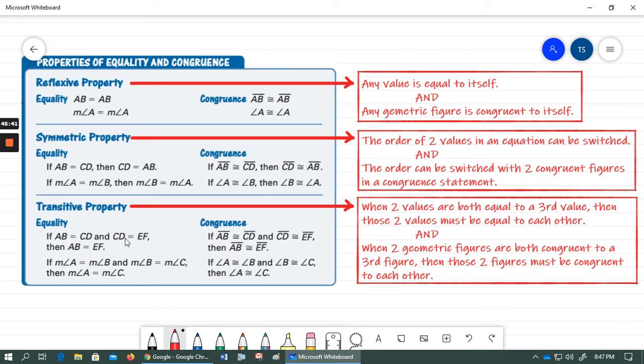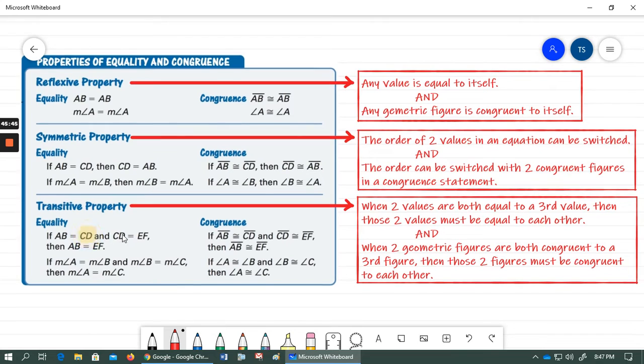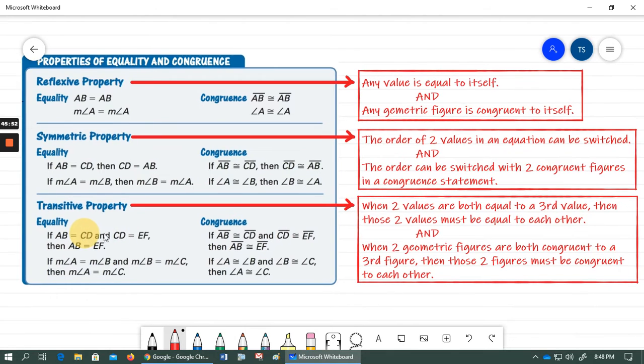So that third value over here would be the length of segment CD. Since both of those values are equal to that same value, that means those two values are equal to each other. The length of AB and the length of segment EF have to be equal to each other. All right, that's how that works, guys.